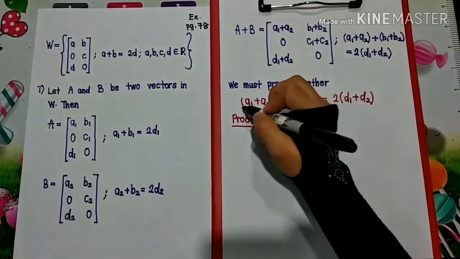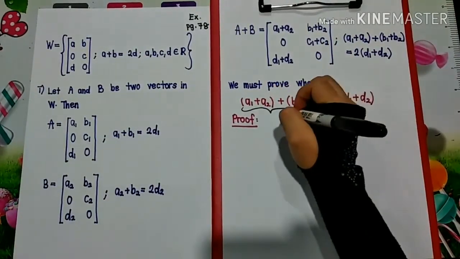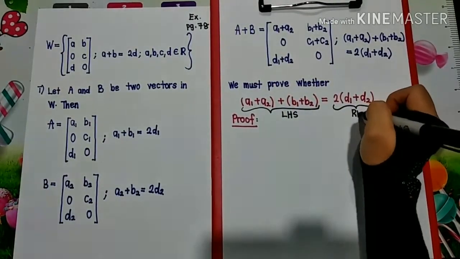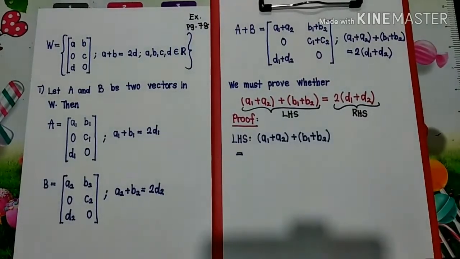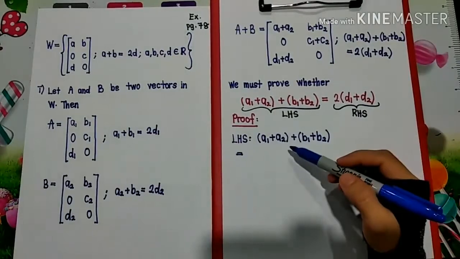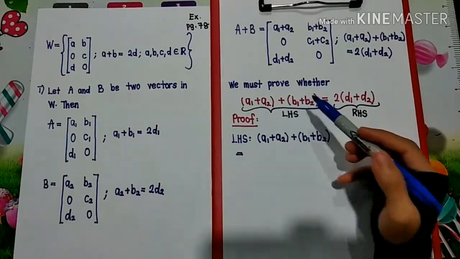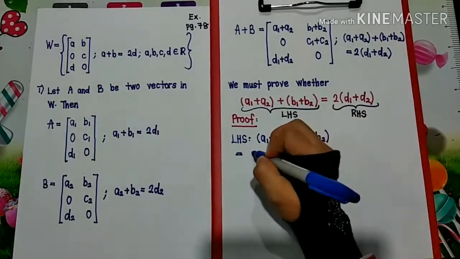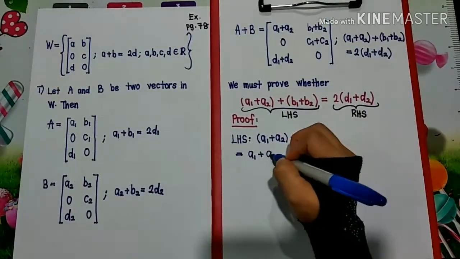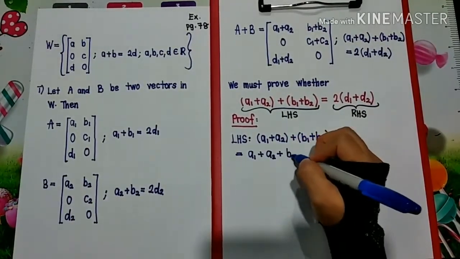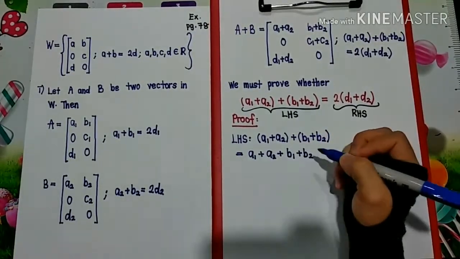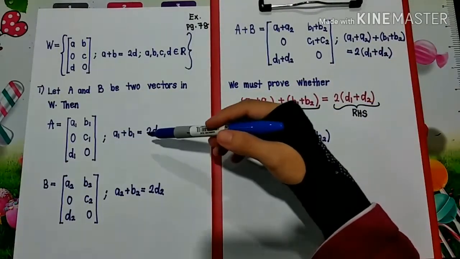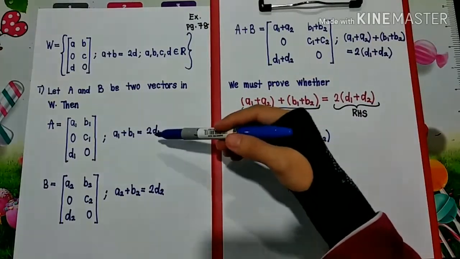Let's say I assume this one as the left hand side and this one as the right hand side. We show the left hand side first: A1 plus A2 plus B1 plus B2. Now you open the bracket, you will have A1 plus A2 plus B1 plus B2. Next, we use the information from the two vectors we introduced just now.